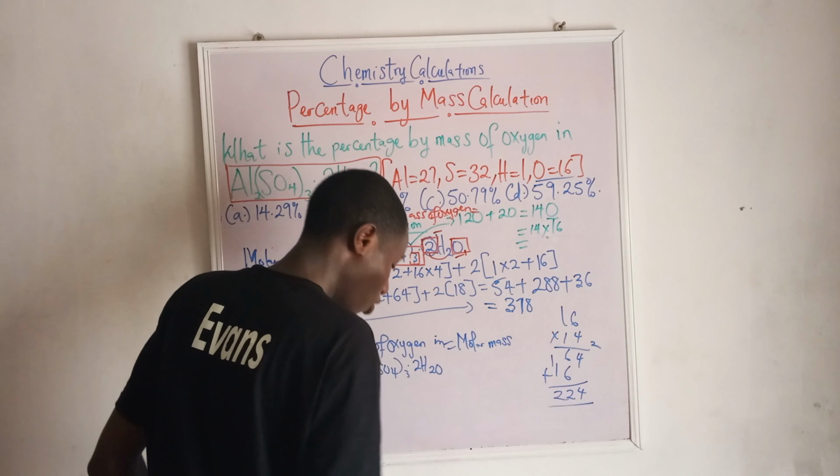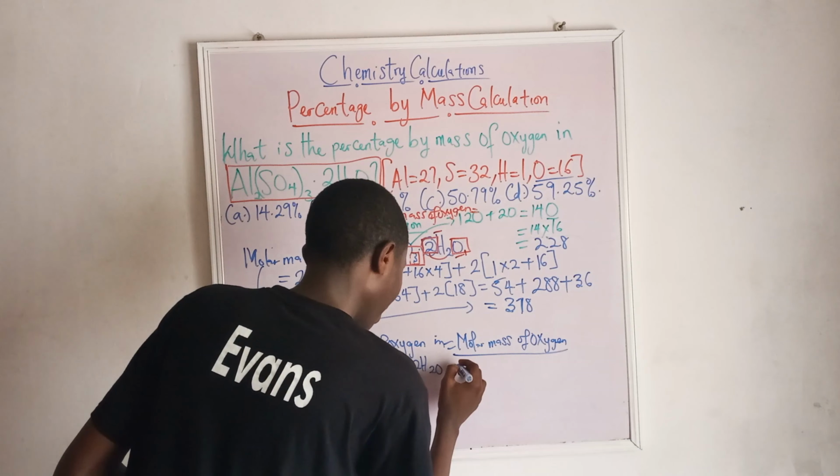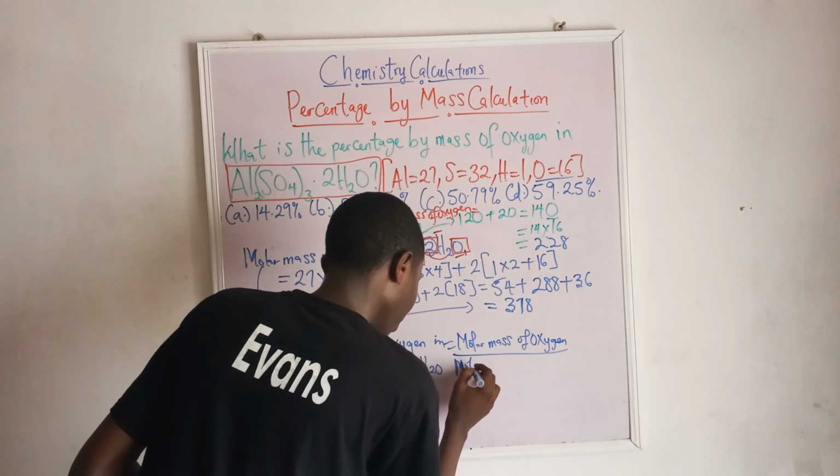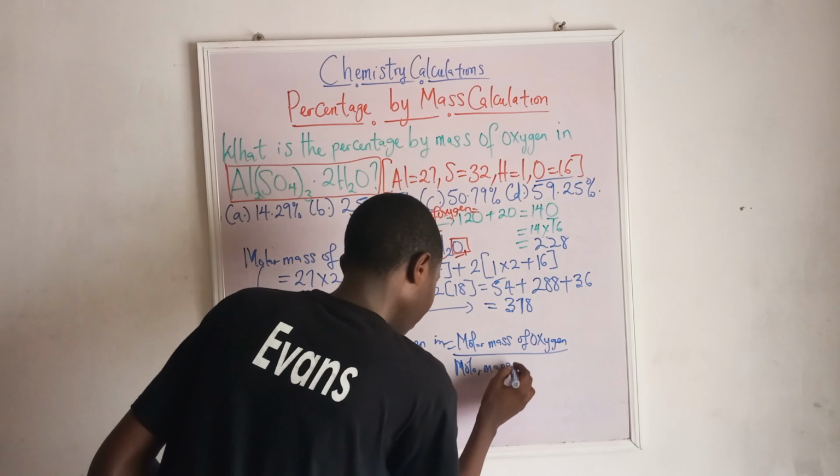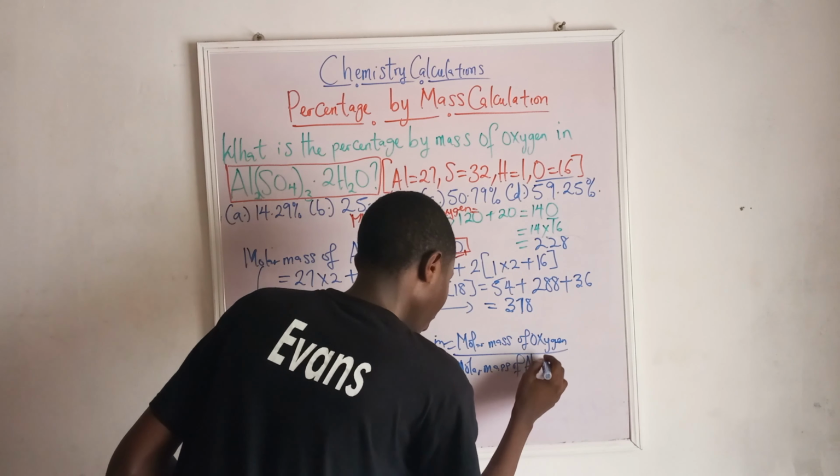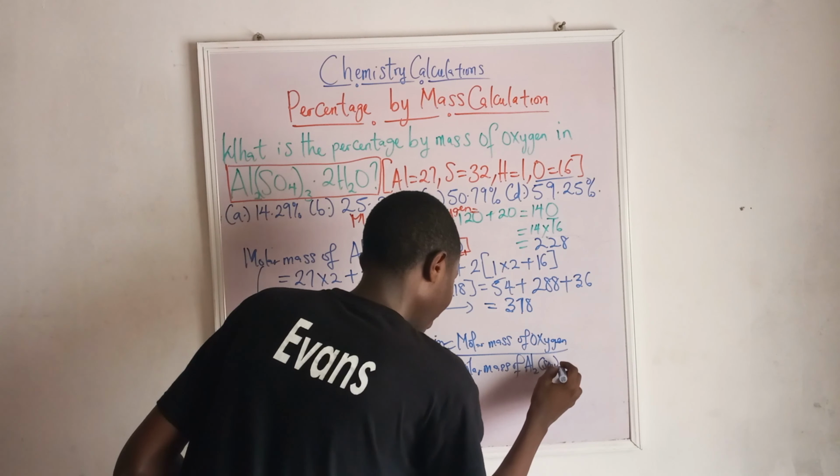Oh, don't forget, we got 228. So the molar mass of the total oxygen that we have, which is 228, over the molar mass of the entire compound, which is Al2(SO4)3.2H2O.